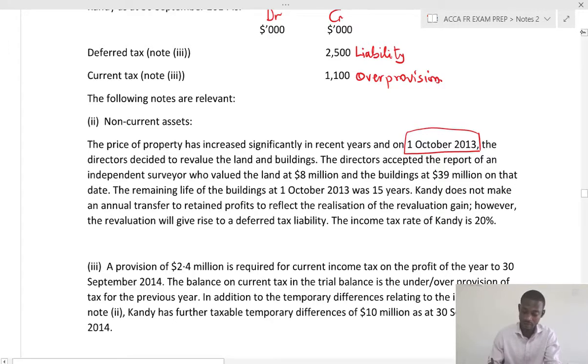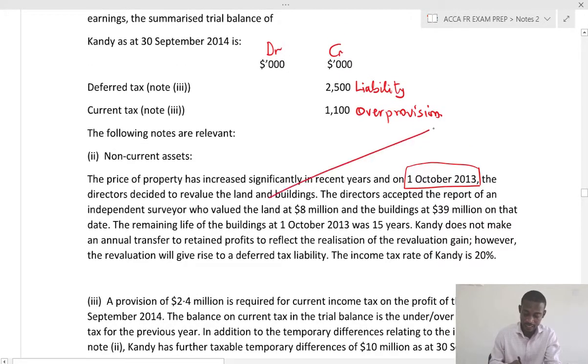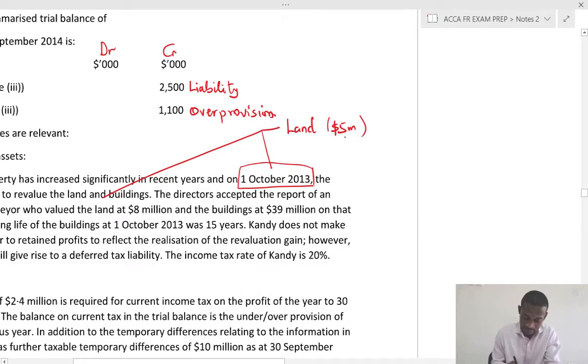Now, let me make the point that the land and building on this date, which is the 1st of October 2013, from the original question, the land component was 5 million, and the land and building on the face of the trial balance was 35 million. So straight away you should know that the building component is 20 million.